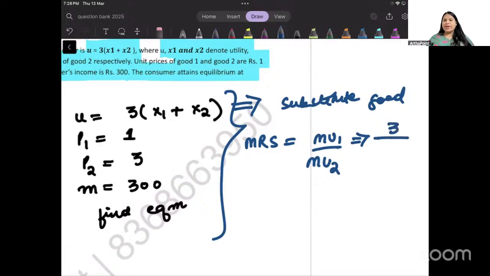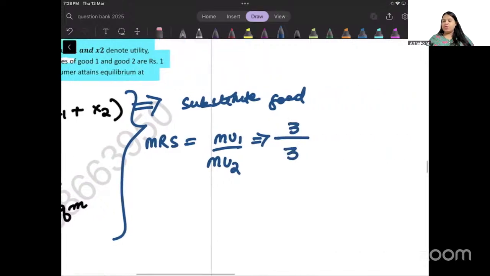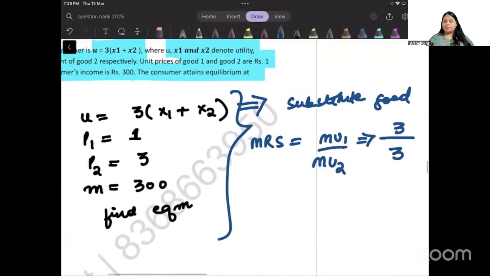With respect to x2 तो भी 3 आएगा. So this will give you the answer as 1. MRS is 1.